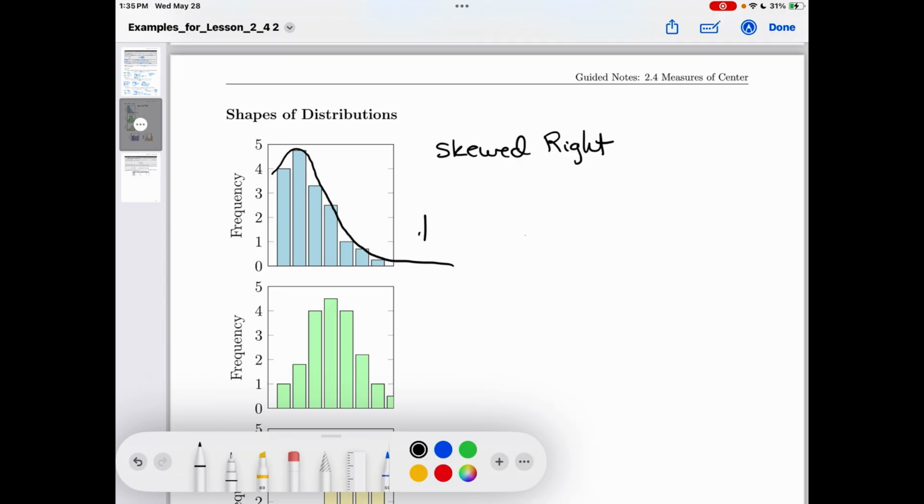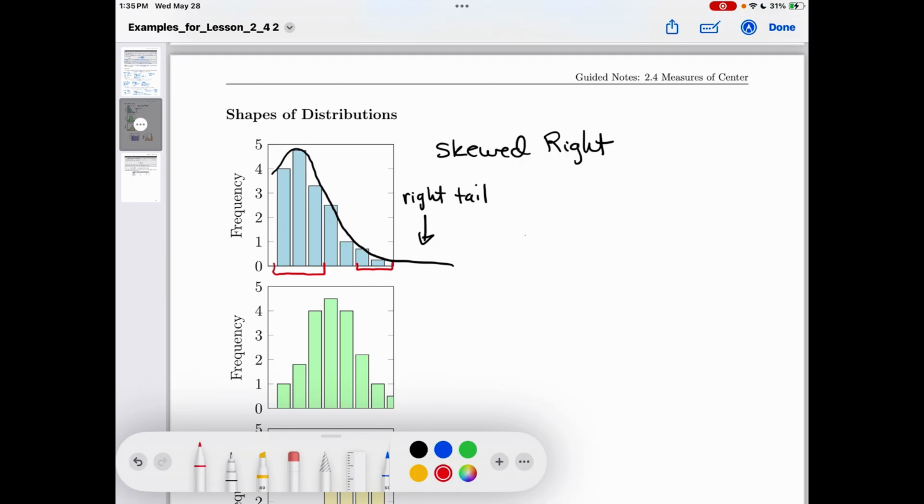So if you imagine that you draw a smooth curve along the tops of the bars, we have a right tail that stretches out. Now, this means that most of the data is clustered in this mound area, but you have a few data values over here that are unusually big compared to the rest of the data set, and that is what is causing the tail to go to the right.